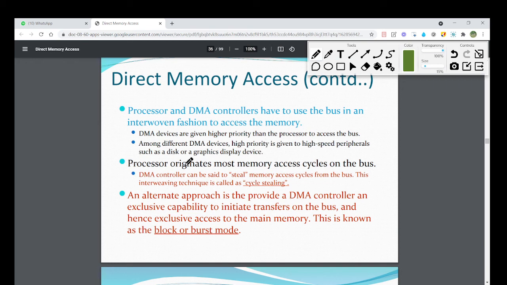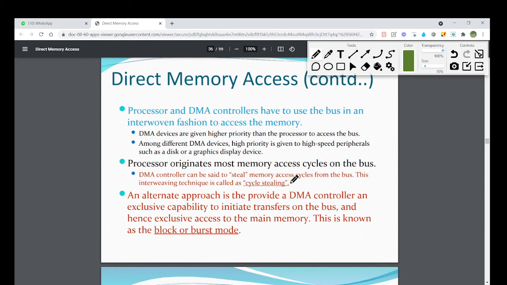The processor originates most memory access cycles on the bus. So the DMA controller can be set to steal memory access cycles from the bus. This interleaving technique is called cycle stealing.